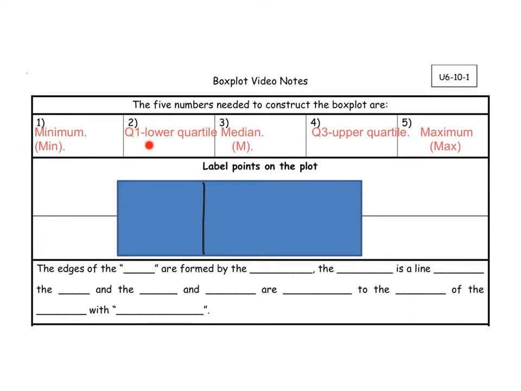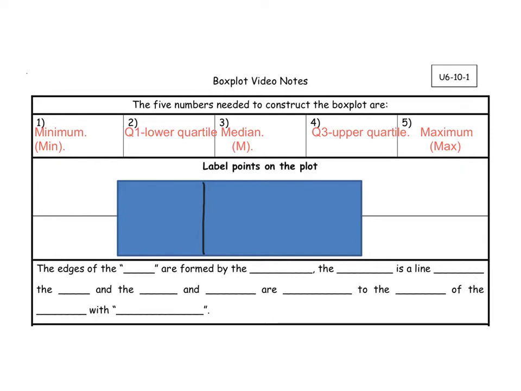Quartile 1 is the lower quartile. The median, the abbreviation for that is m. Quartile 3 is the upper quartile, and the maximum, which we abbreviate as max. So we're going to take all 5 of these for the 5-number summary, and we're going to label these on the box plot.